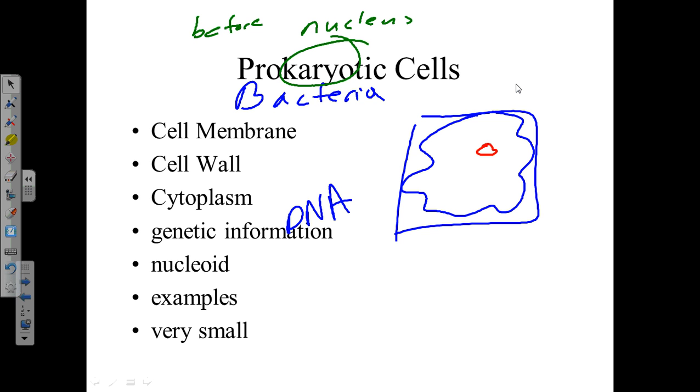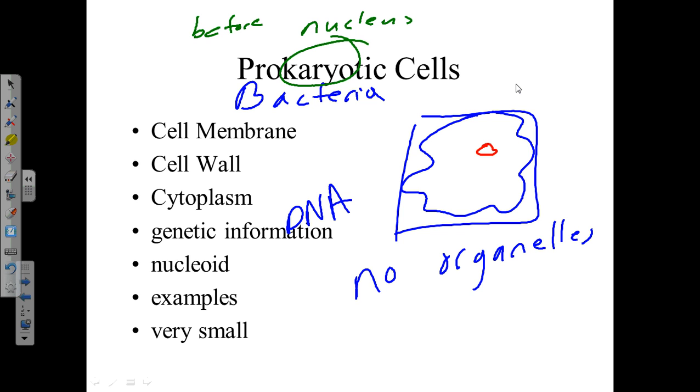Another thing, what else are they missing that other cells have? What do prokaryotic cells not have that most other cells do have? Mitochondria are an example of what? Organelles. All those little pieces in a cell, the little parts that do certain jobs. So prokaryotic cells don't have organelles.